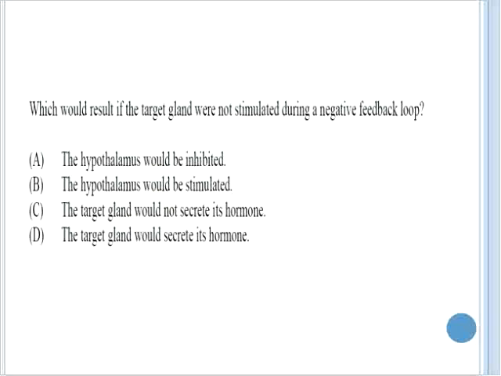And this last question, which would result if the thyroid gland were not stimulated? Again, not stimulated during a negative feedback loop. Your choices are: the hypothalamus would be inhibited.